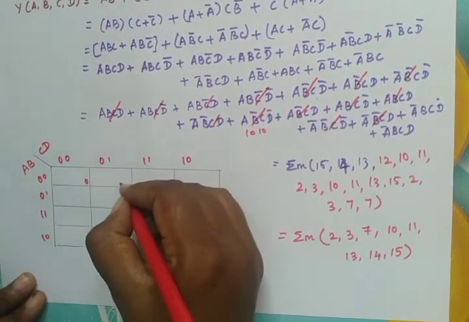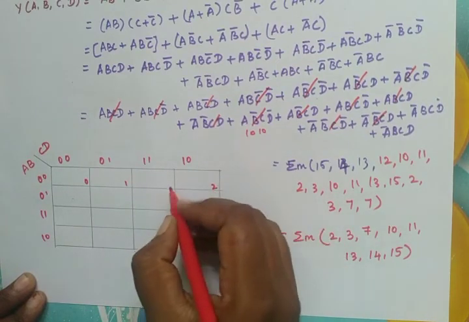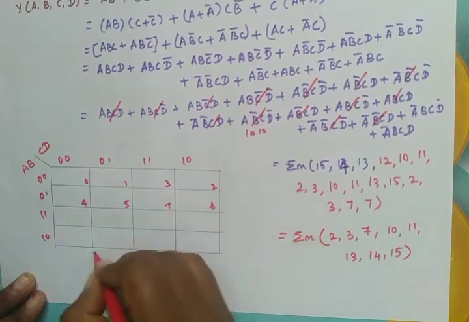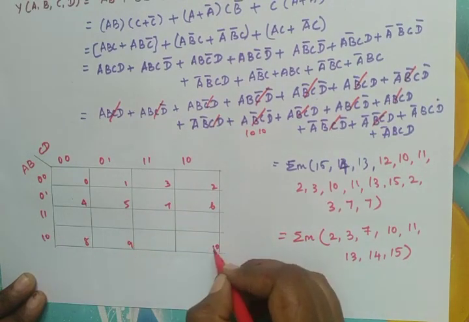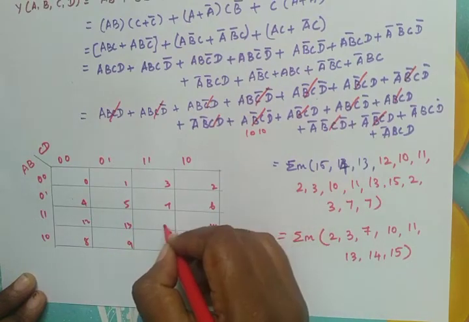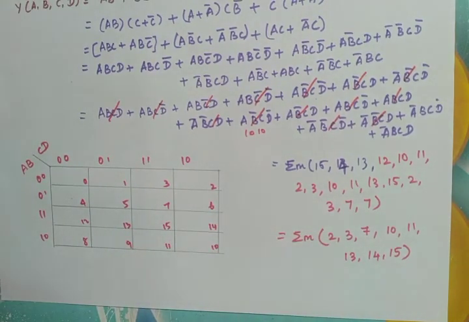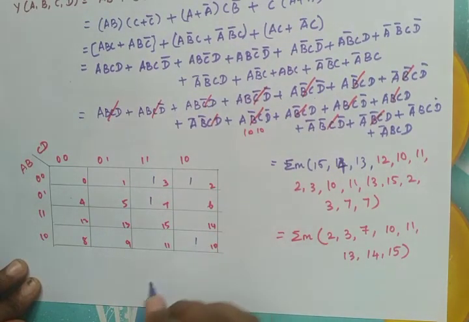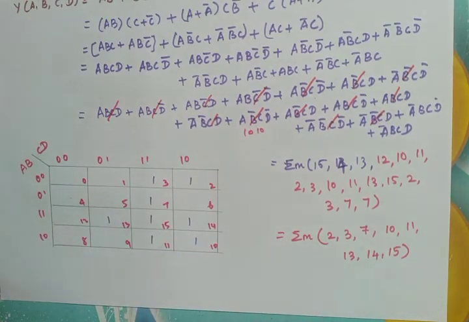Now write the numbers 0, 1, 2, 3, 4, 5, 6, 7, 8, 9, 10, 11, 12, 13, 14, 15. Now mark the numbers 2, 3, 7, 10, 11, 13, 14, 15. So this is the number.